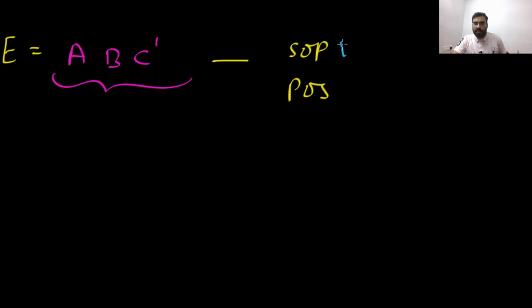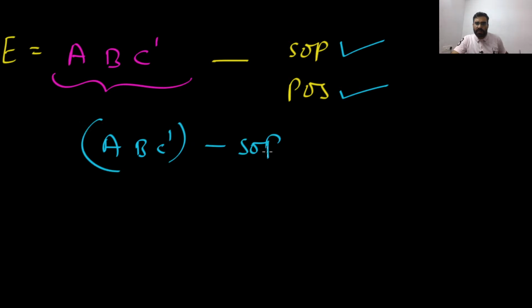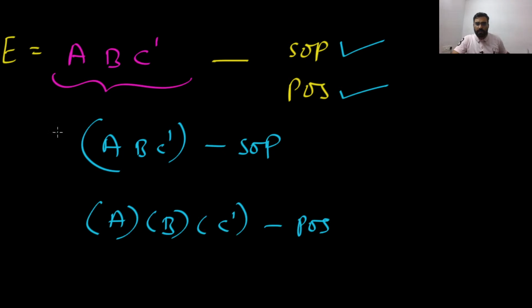Yes, this is both SOP and POS. If you look at it like this, then it is SOP. And if you see it like this, then it is POS. So this expression is both in POS and SOP.